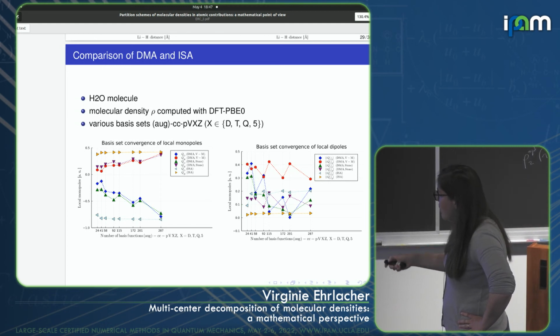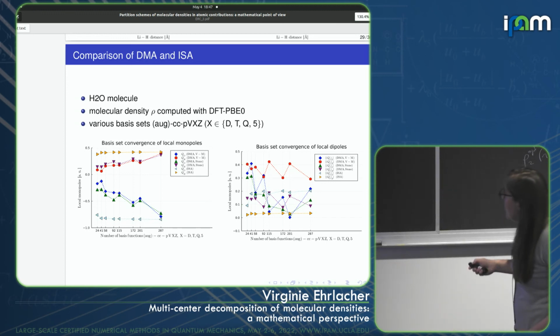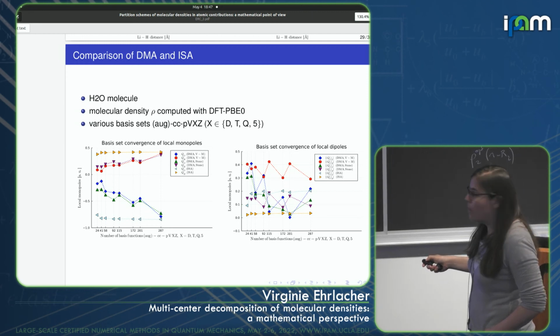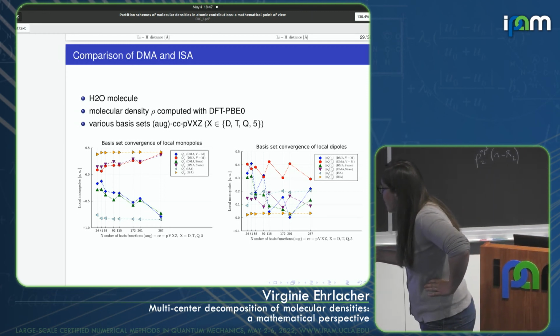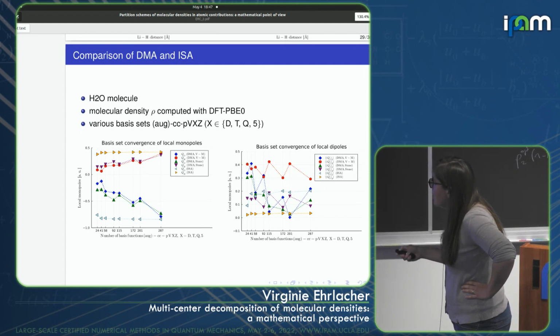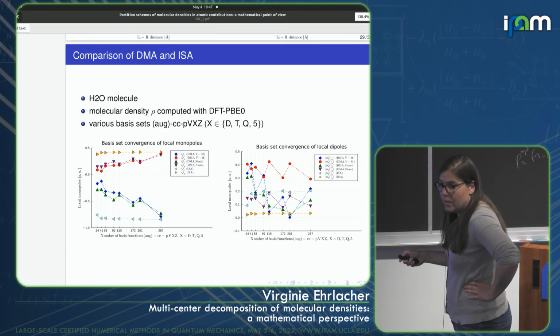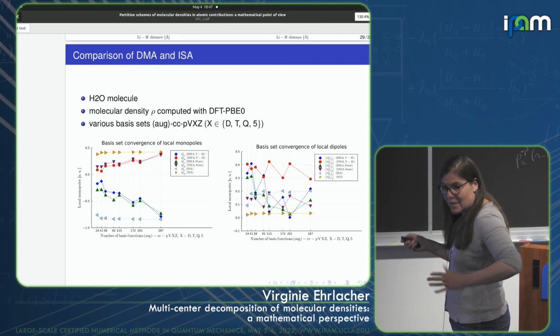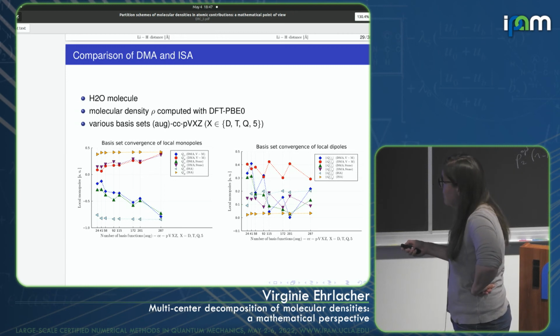So this is what happens to the partial charges, the zero-order dipolar moment. And this is what happens to the first order local dipolar moment. Still, the light blue and orange triangles are the quantities computed with the ISA method. There seems to be at least some kind of convergence as the size of the basis set increases.